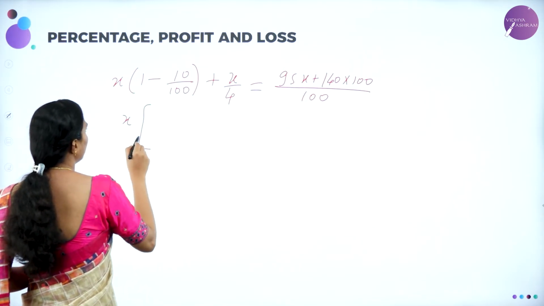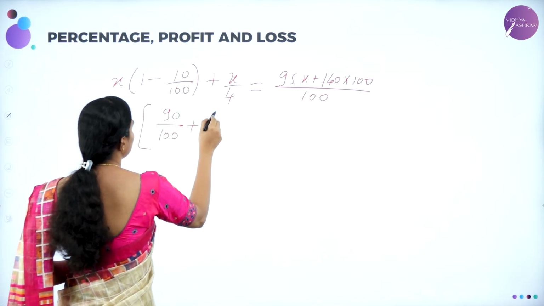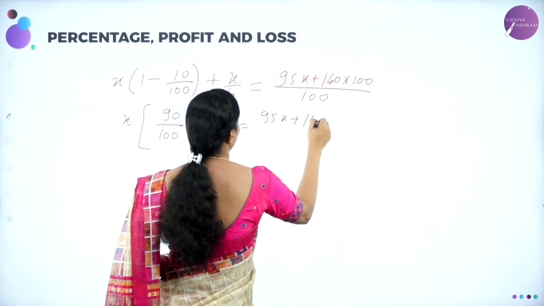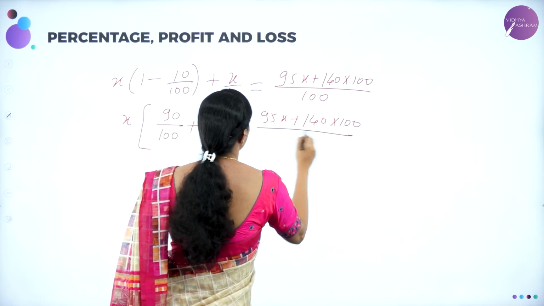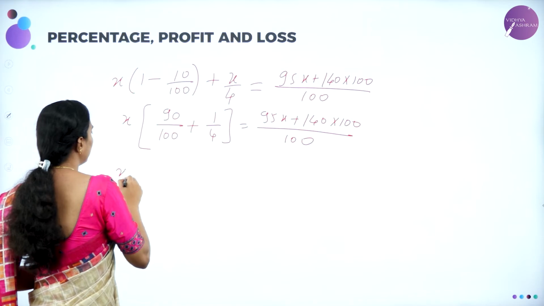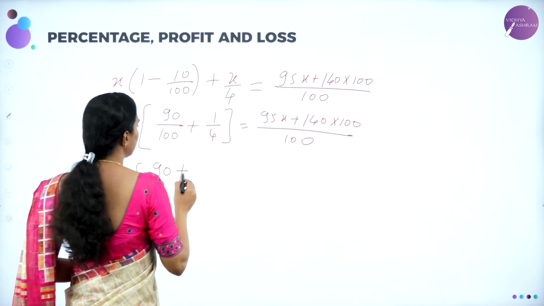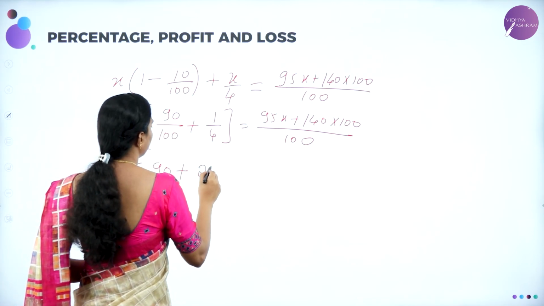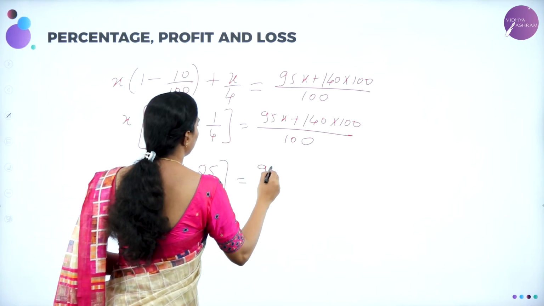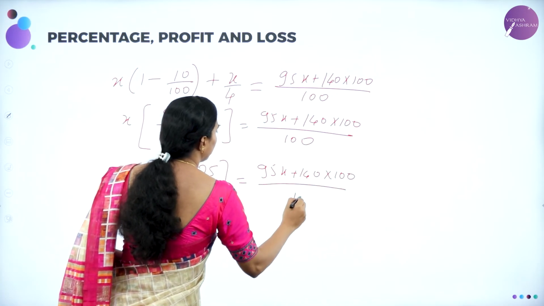If you take X common, you have 90 divided by 100 plus 1/4 is equal to 95X plus 140 into 100 divided by 100. Now again taking LCM as 100, X into 90 plus 25, 4 25s are 100, divided by 100 is equal to 95X plus 140 into 100 divided by 100.